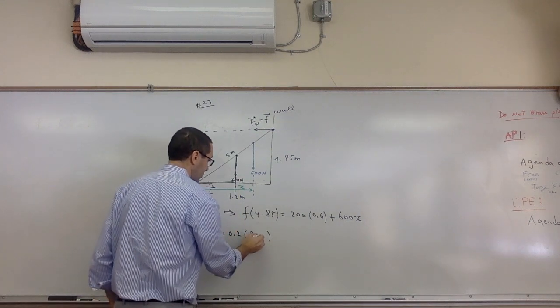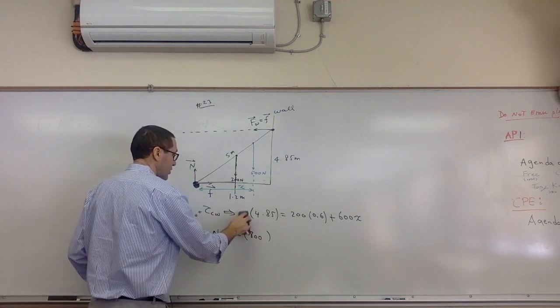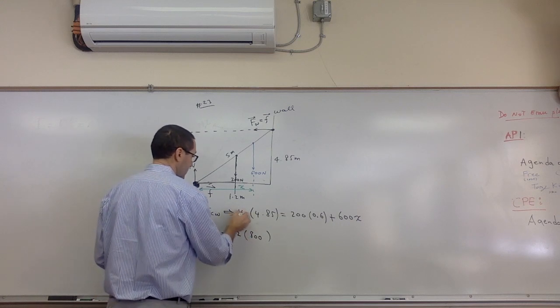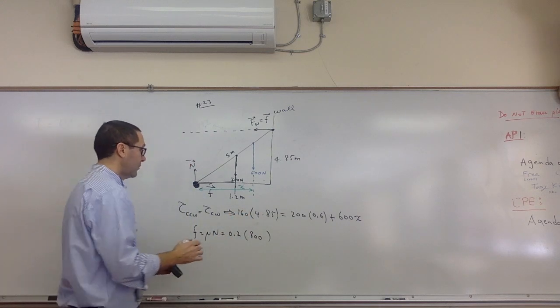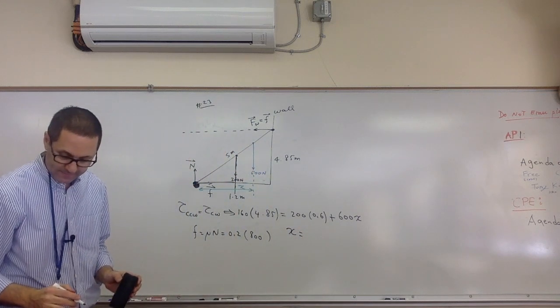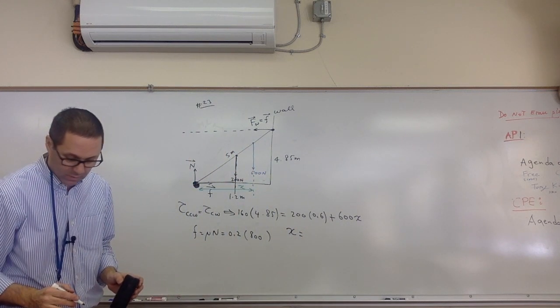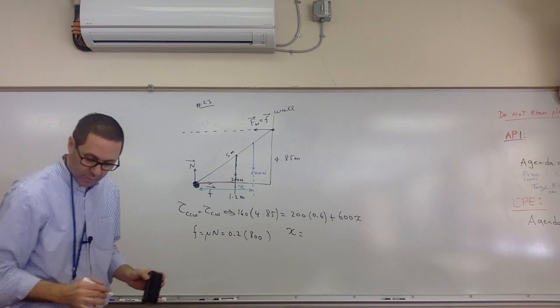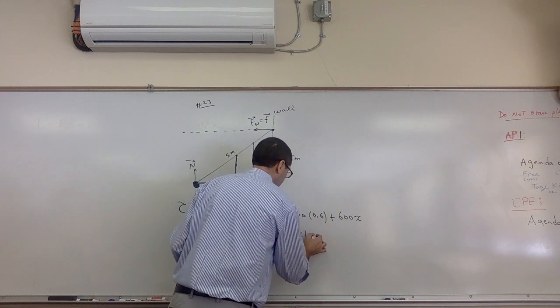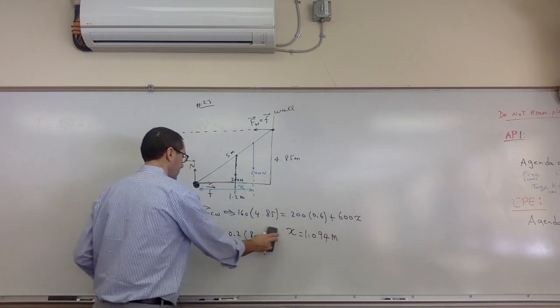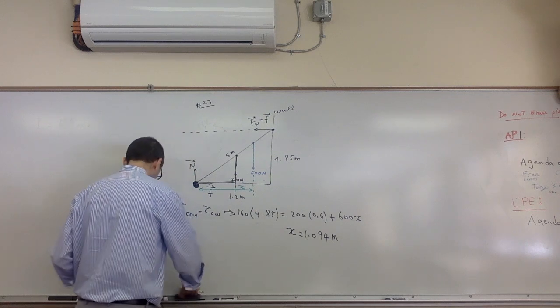So that's 800. So I think we can change this F to 0.2 times 800, which is 160. Now, if you do the math here, you're going to find that x equals 1.094 meters, right? So I can erase this stuff here.